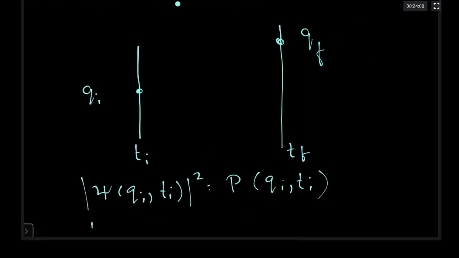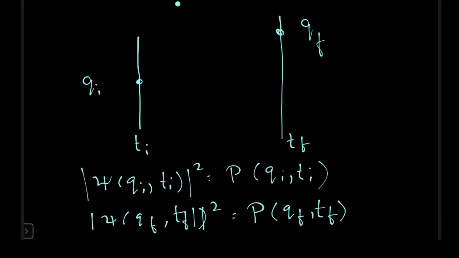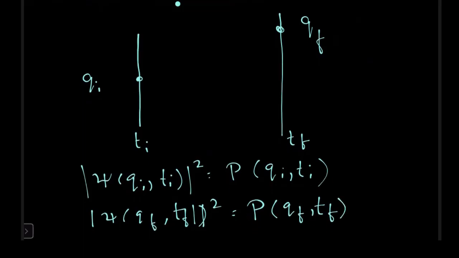So when we evaluate qf tf, we should take the square. That means we are going to get the probability of finding the quantum particle at position qf and at time tf.